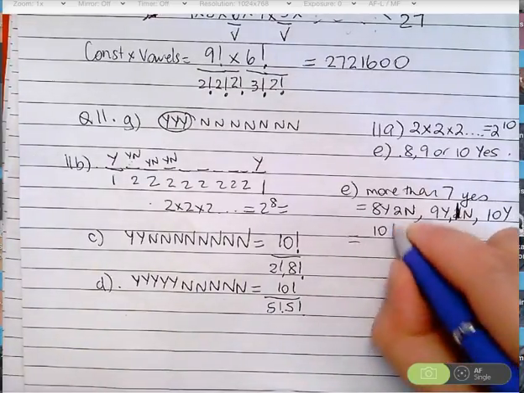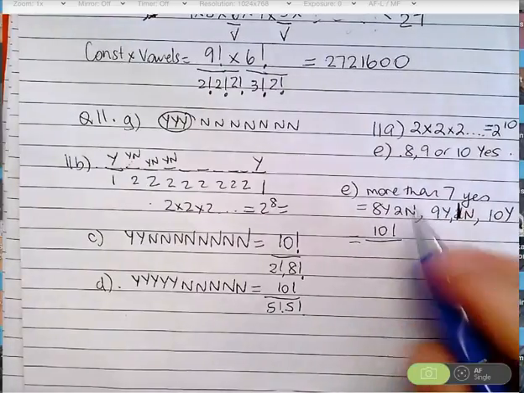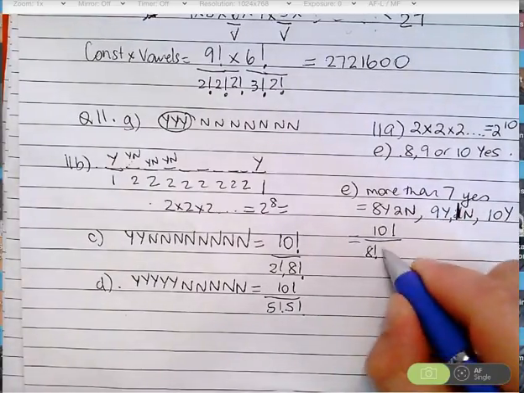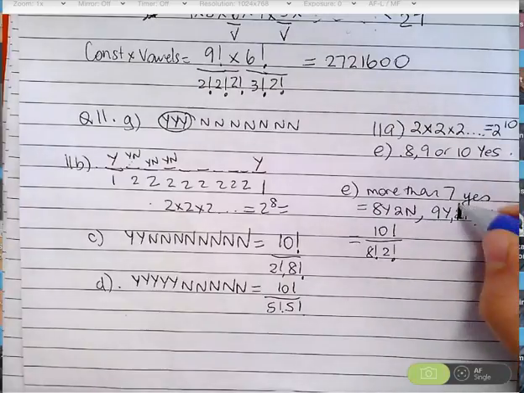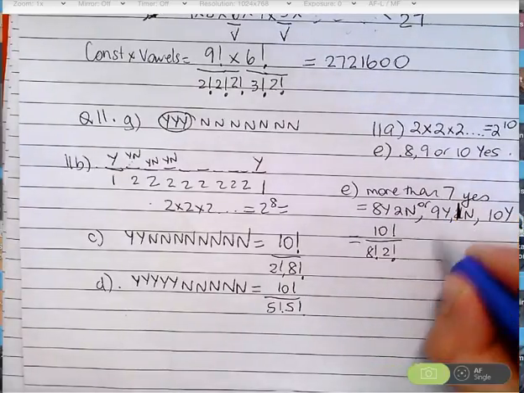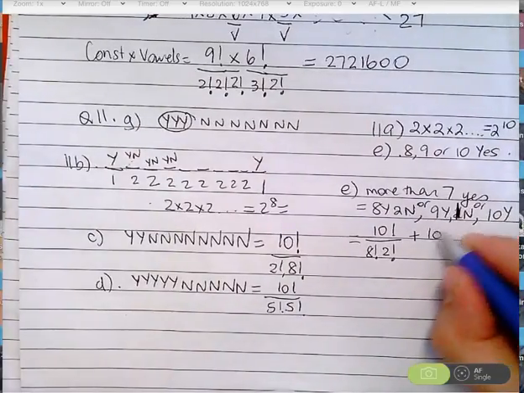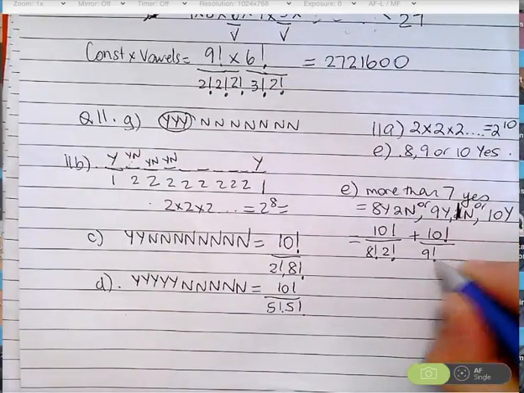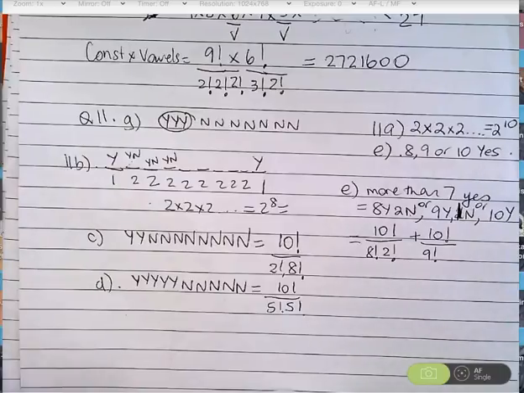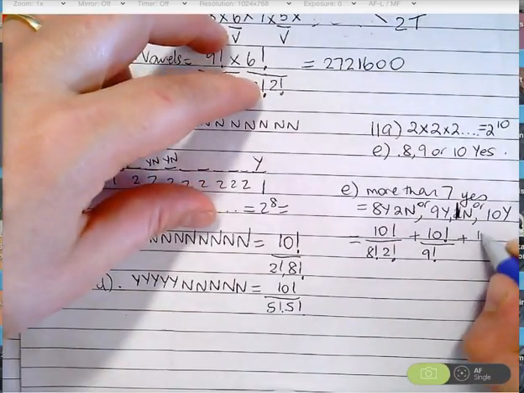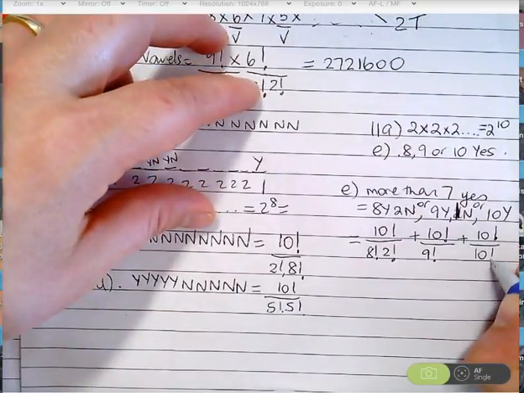So you've got 8 yeses and 2 nos, that's 10 factorial over 8 factorial times 2 factorial. Now this "or" means plus, okay, not times, or you've got 10 factorial over 9 factorial times 1 factorial is 1, or you've got 10 factorial over 10 factorial.